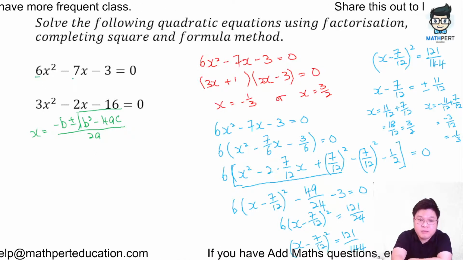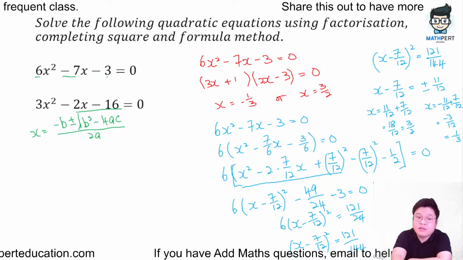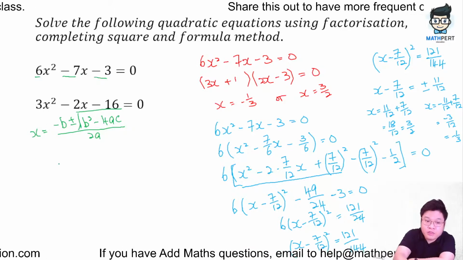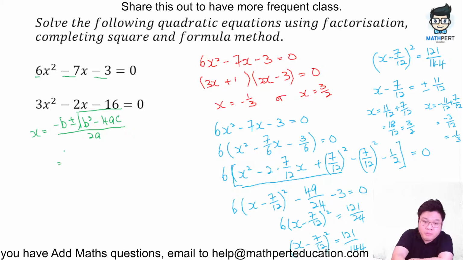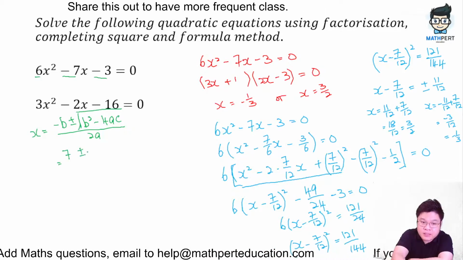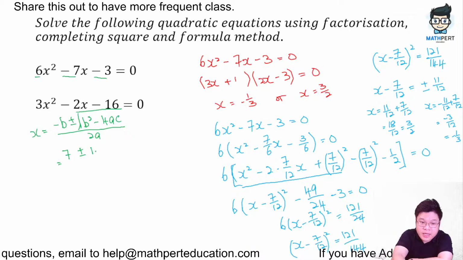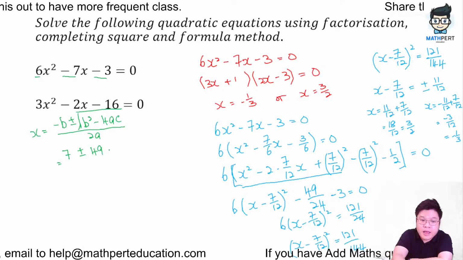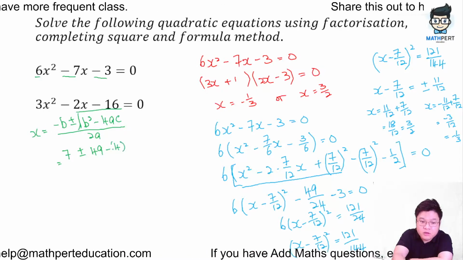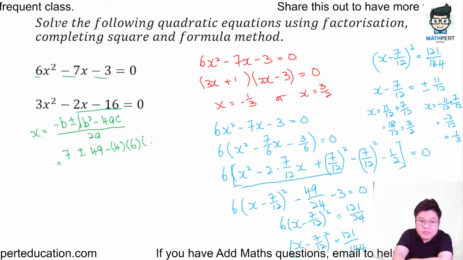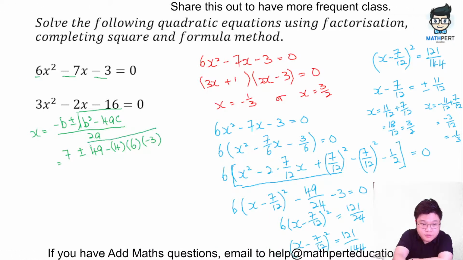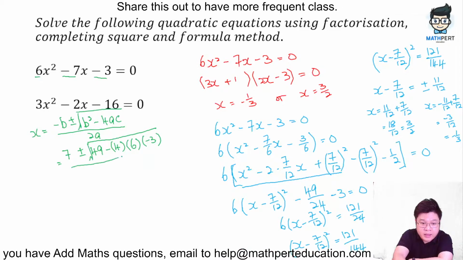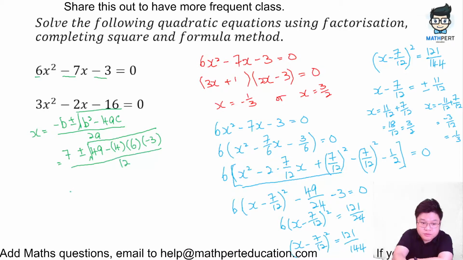A is 6, b is negative 7, c is negative 3. So x will be equal to negative b, negative 7, it will be positive 7, plus minus negative 7 squared, 49, then minus 4, a will be 6, c will be negative 3, then you square root the whole thing, over 2a, 2 multiply 6, you get 12.